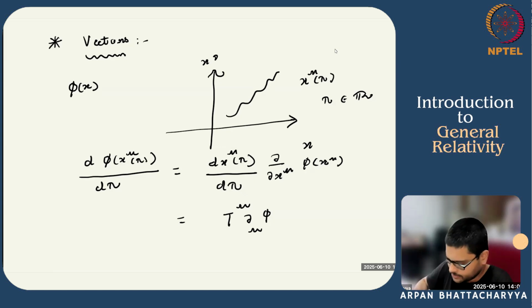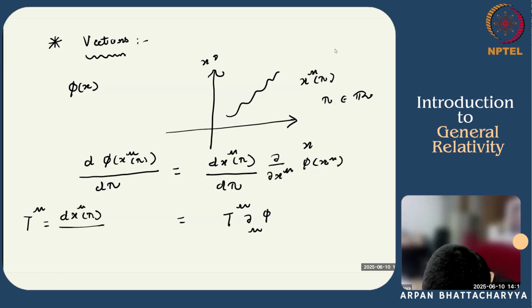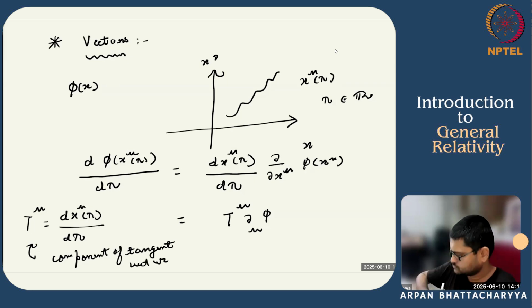Now one can identify that this T mu is nothing but the component of the tangent vector, defined at every point on the curve.